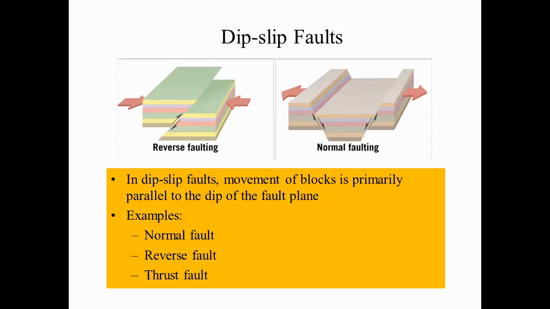But examples of dip-slip faults include normal faults, reverse faults, and thrust faults. In all cases, the movement of the blocks on both sides of the faults are parallel with the overall direction of dip of the fault.